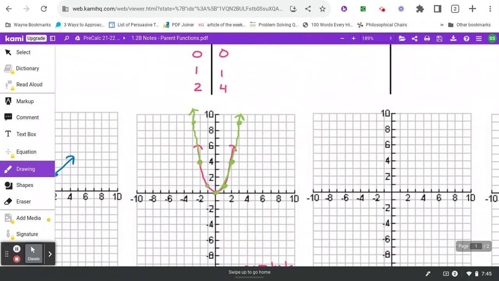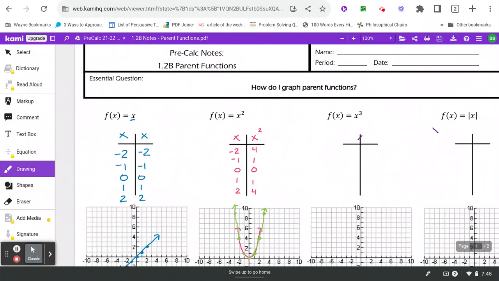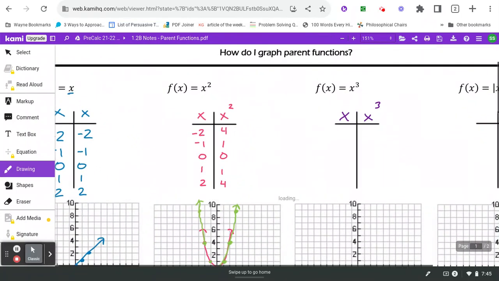All right. The next one is f of x equals x to the third. So we'll put an x here and x to the third there. And I'm going to go ahead and fill in the same numbers I've been working with, -2, -1, 0, 1, and 2. And we're going to cube each one of these, so raise it to the third power.